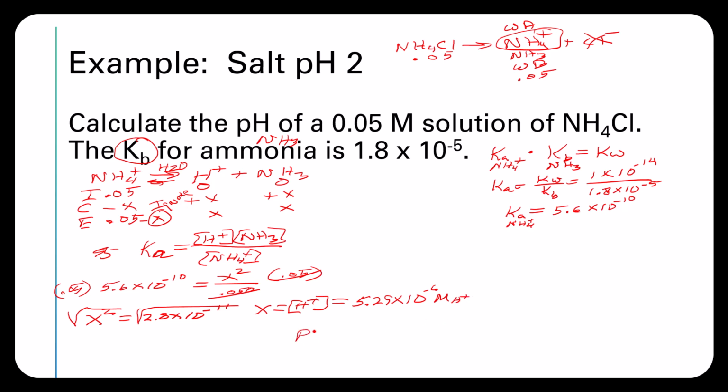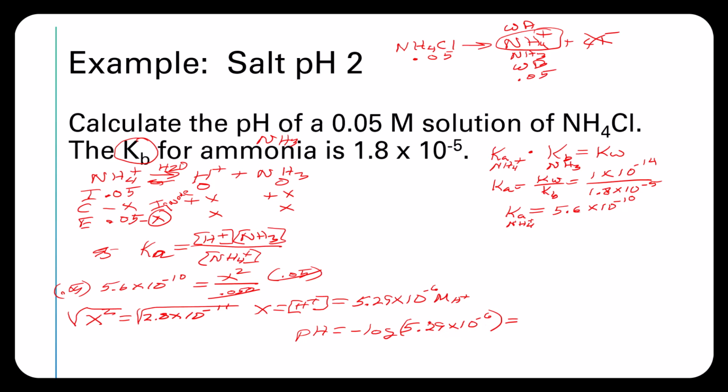I can get the pH directly by taking the negative log of the hydrogen ion concentration, 5.29 times 10 to the minus 6. I would ask you again, is this going to be greater than 6 or less than 6? If you took the negative log of 1 times 10 to the minus 6, you would get 6.